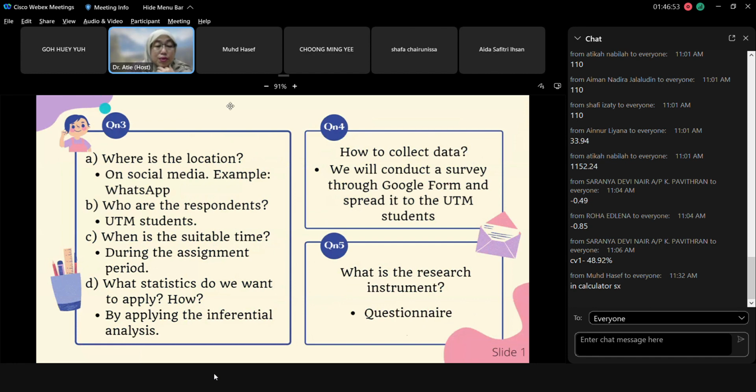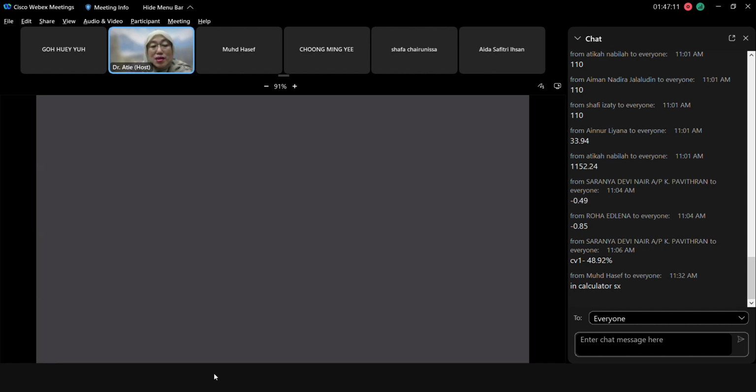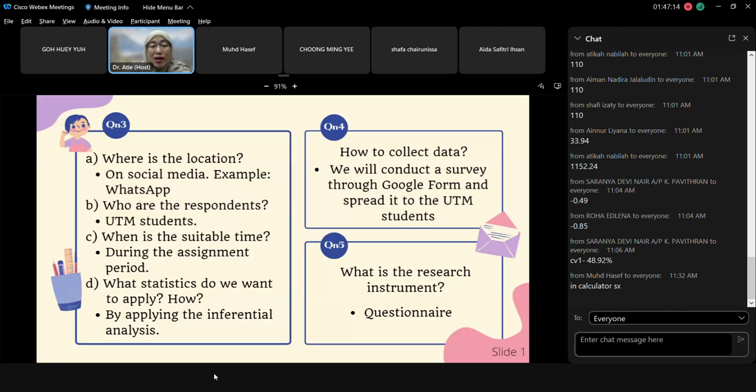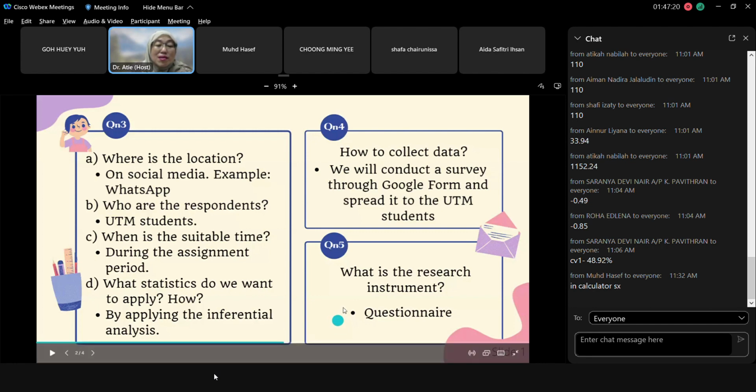Okay. So when you say where is the location, location is different from what you are saying here about social media. What the question is asking is what media they are using, so it's totally different. When I say where is the location, it's supposed to be like Johor Bahru, in UTM, where your respondents are.